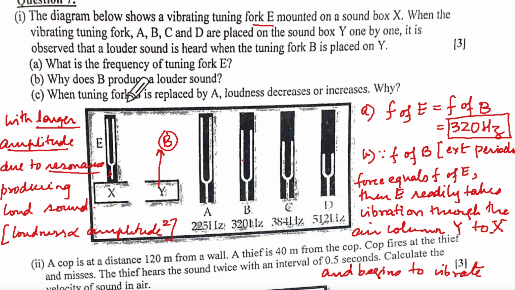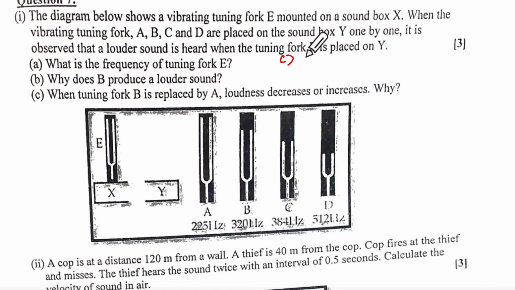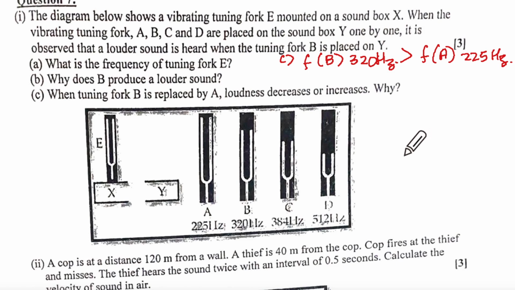When B is replaced by A, now A is 225, correct? Less than. So, as of now, what will you say for the C part? The loudness decreases. Frequency of B is 320 hertz, which is greater than frequency of A, which is 225 hertz, correct?